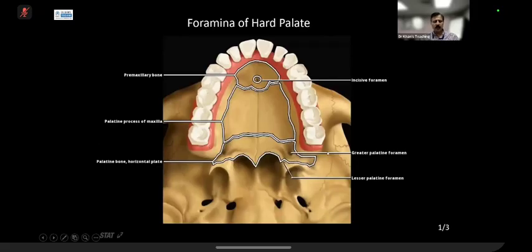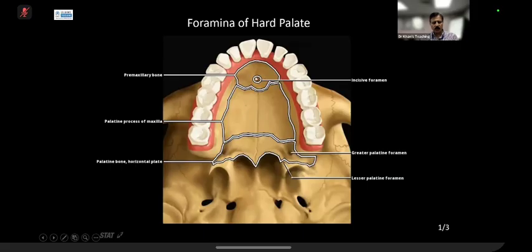Just like in mandible, we have just seen 2 foramen, mandibular foramen as well as the mental foramen. Now here in the maxilla also are foramen, and these can be asked in your part 1 anatomy exam.